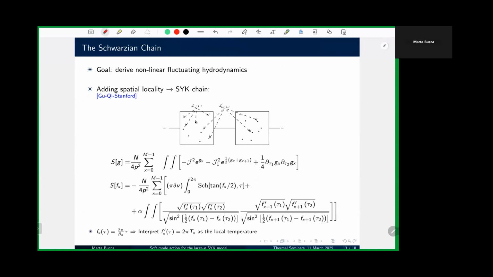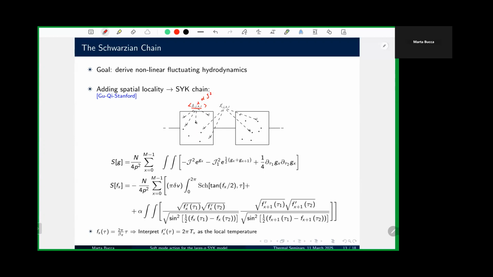So the idea is, as I've said, you build the lattice, and on each lattice site, you have a copy of your SYK model with your coupling constant J that we have here. And you are introducing a constant J squared, right, from the variance of this coupling constant.